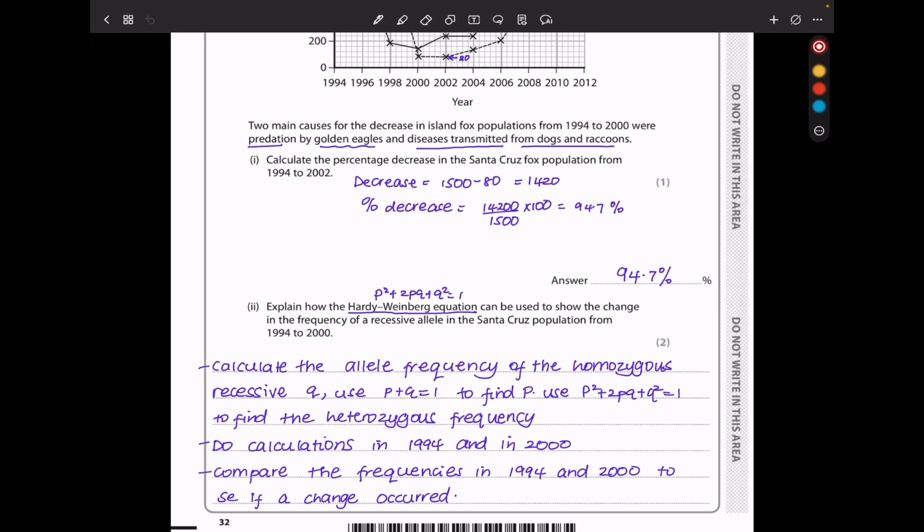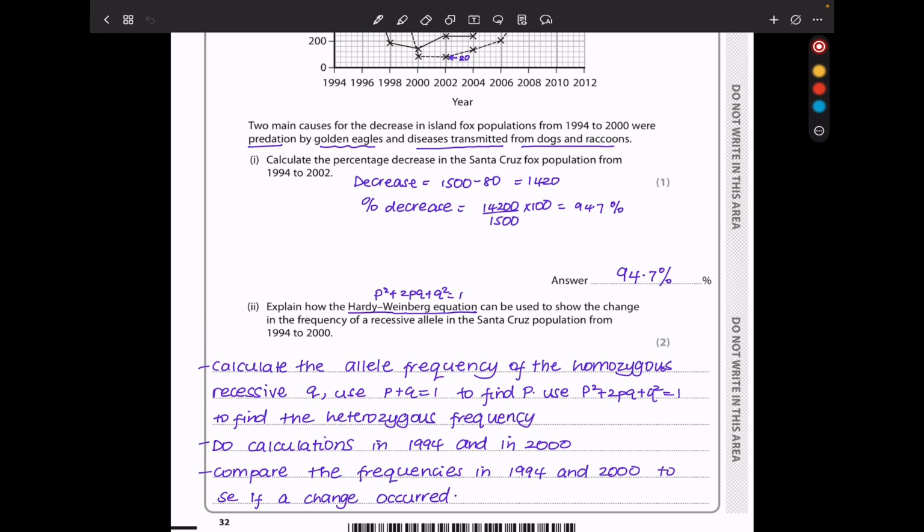Explain how the Hardy-Weinberg equation can be used to show the change in the frequency of a recessive allele in Santa Cruz population from 1994 to 2000. So the recessive allele is going to be in the homozygous recessive as well as in the heterozygous. So here we need to calculate the frequency of the homozygous recessive, which is going to be q.